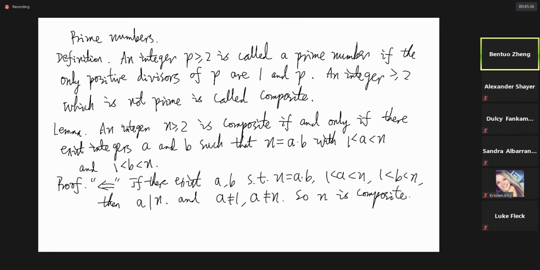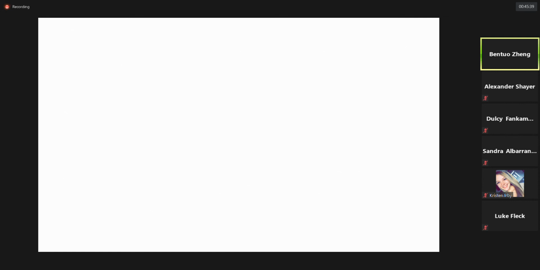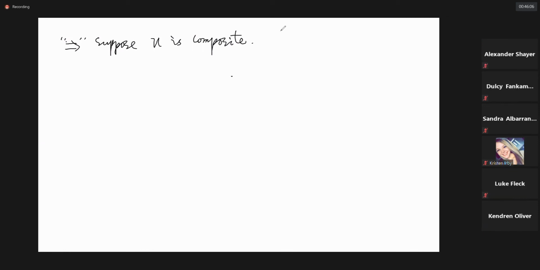Suppose n is composite, then by definition, n must have a divisor different from 1 and n.